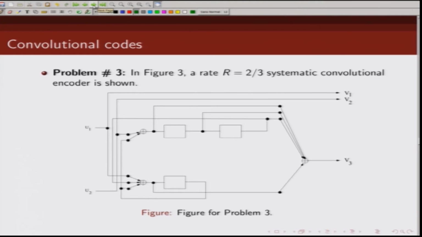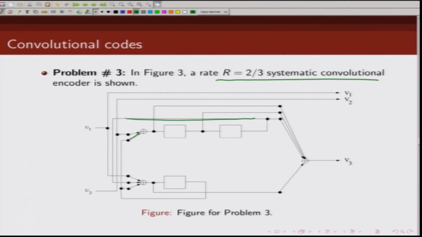Now, given below is a rate 2/3 systematic convolutional encoder. Please note, this is neither in the controller canonical form realization nor in the observer canonical form realization. Note here, the feedback terms that are coming here are not only coming from the same encoder.